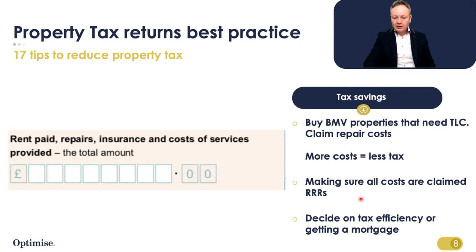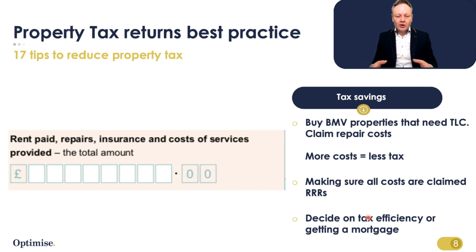Now, the bit on the bottom, interestingly enough, came up from a recent tax call I've had with someone where I said, well, stick all these repair costs against your tax return to pay less tax. And there has to be a decision here, because you may want to use your tax return in the form of evidence to lenders to say, hey, I'm mortgageable, give me a mortgage.